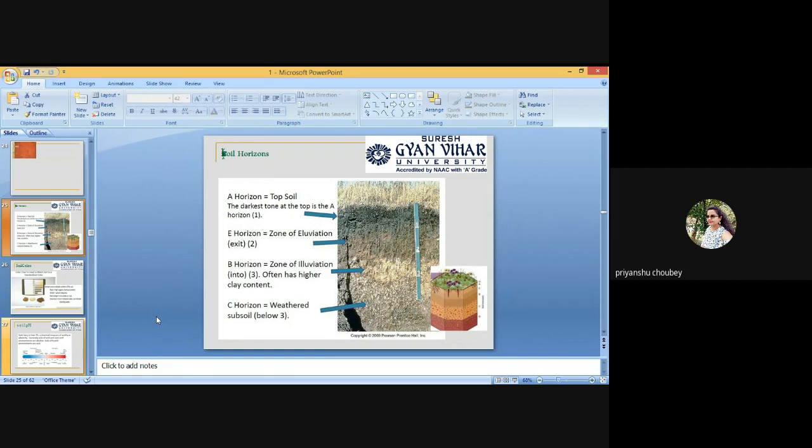In short, we can say a soil profile is a vertical section of horizons. From the surface, soil looks similar.